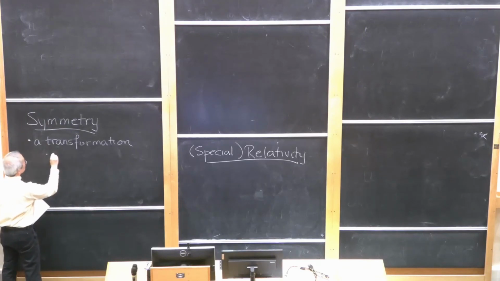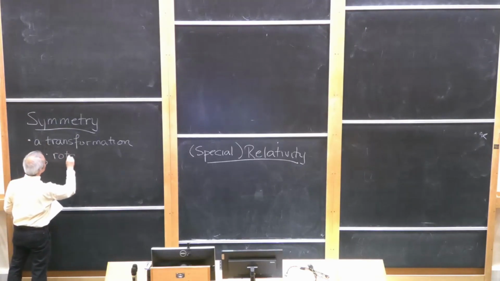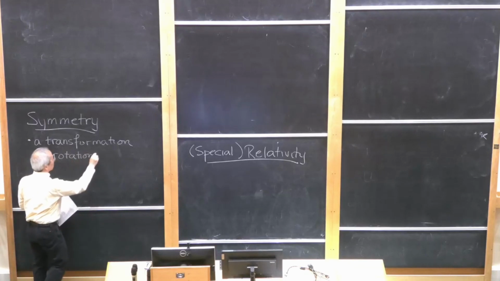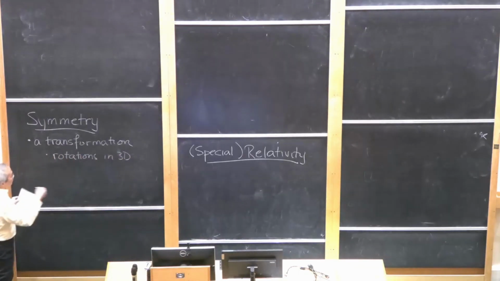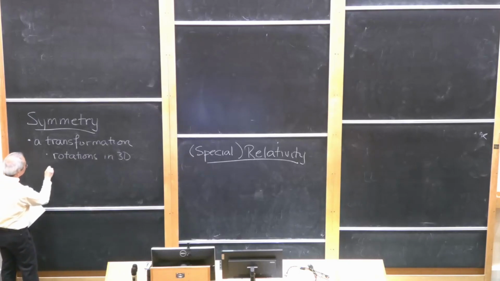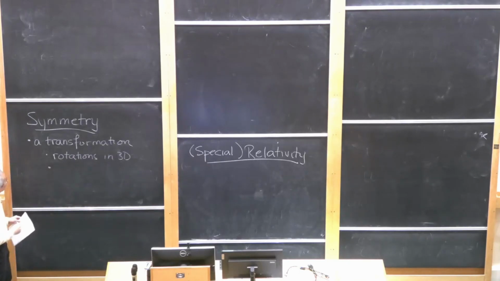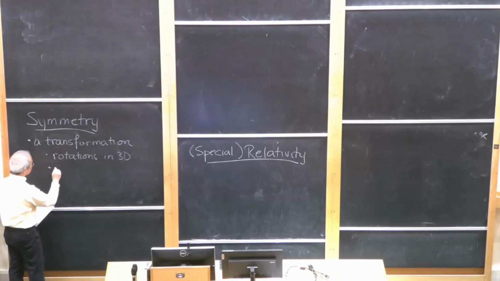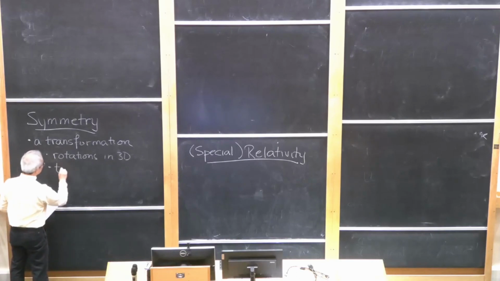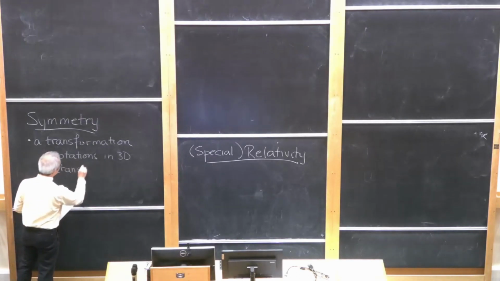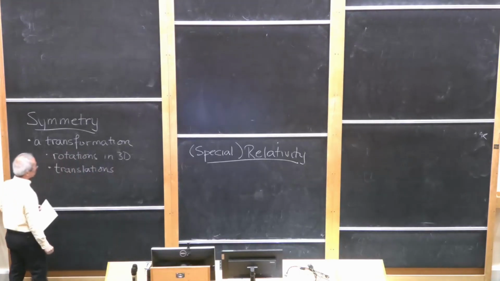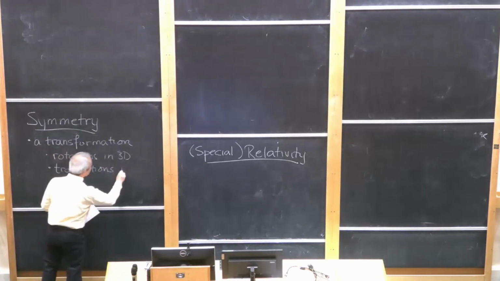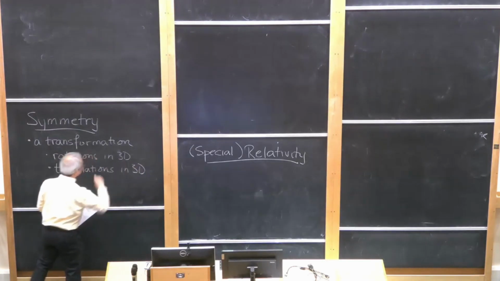So for instance, you can have rotations in, let's say, three dimensions, 2 dimensions, 4 dimensions. After a while, you'll be perfectly comfortable discussing rotations in 5 dimensions, I suppose. We also have translations, in other words, moving from one point to another. And to be more specific, we'll say that's in 3D as well.